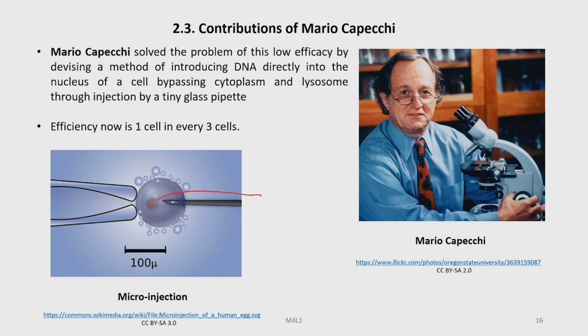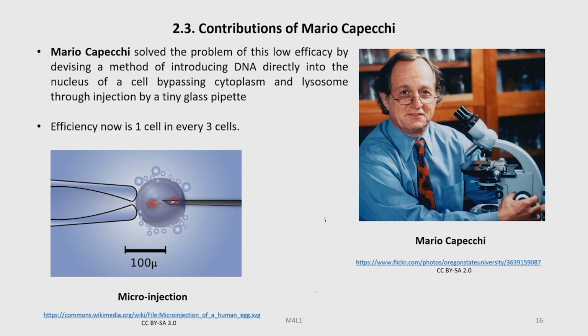You can see here this tiny glass pipette, and this is a cell which is being held firmly with the help of suction, and then this is the scale of this cell, around 100 micron, and by using this pointed glass pipette, Capecchi introduced DNA directly into the nucleus of the cell here.